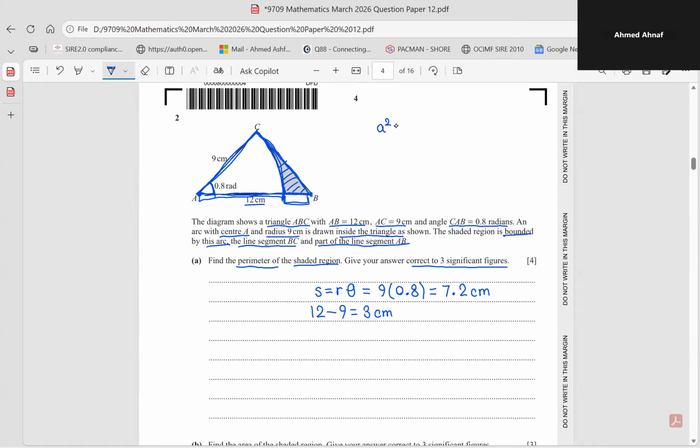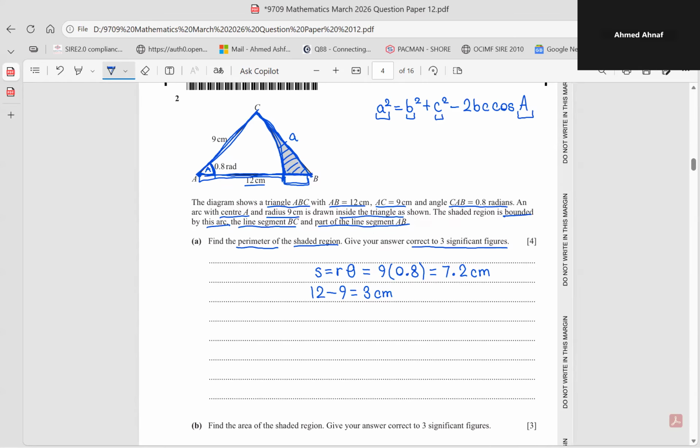It's just a squared equals b squared plus c squared minus 2bc cosine big A. So an important thing to note about this formula for the cosine rule is that the side a and the angle big A, they have to be facing opposite to each other. Okay, so this angle CAB, you can call it big A. So the side a, small a, has to be BC. And for b and c, you can assign whichever side you like.